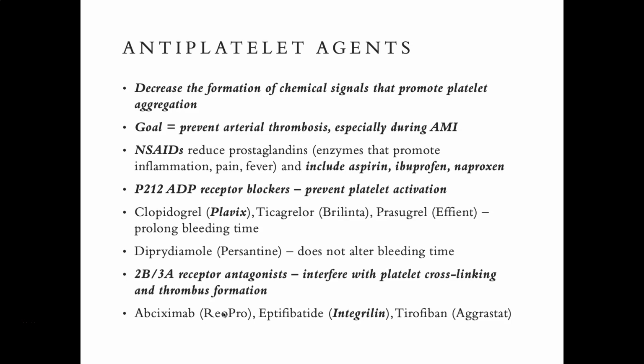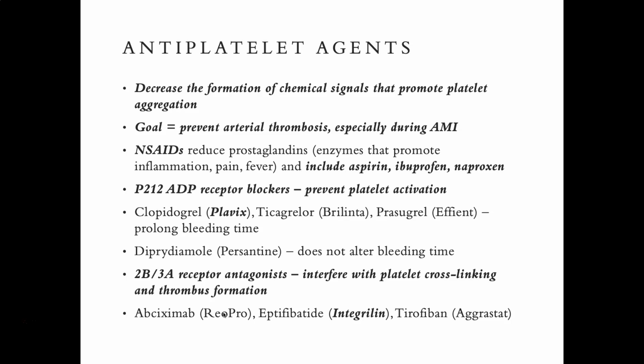These reduce prostaglandins, and what prostaglandins do is they are enzymes that promote inflammation, pain, fever. So you can see how if you have enzymes that are promoting inflammation and you take a drug that reduces that enzyme, that's going to be helpful. The P2Y12 ADP receptor blockers prevent platelet activation.